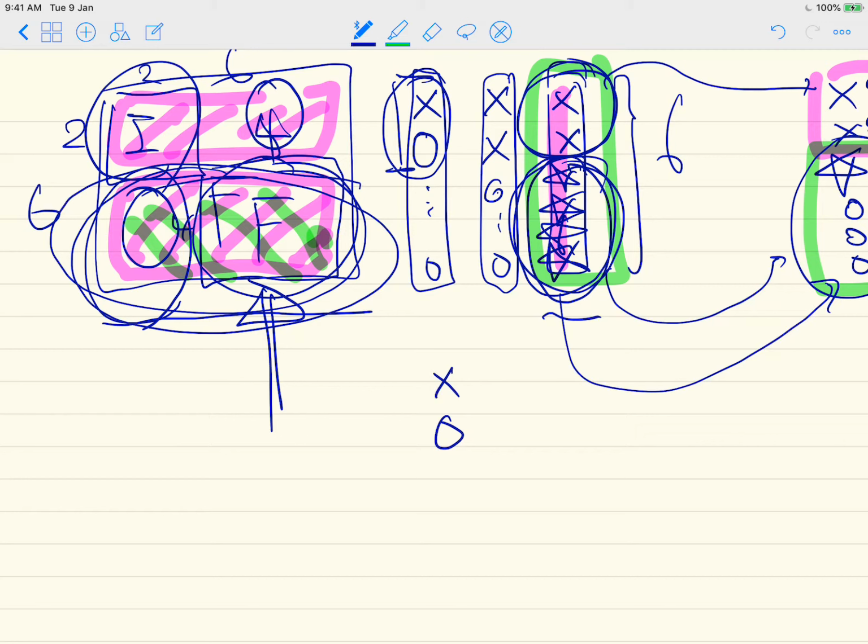In this case, the first block is 0, so 0 times that part will produce 0, right? And F times this vector will also be 0.